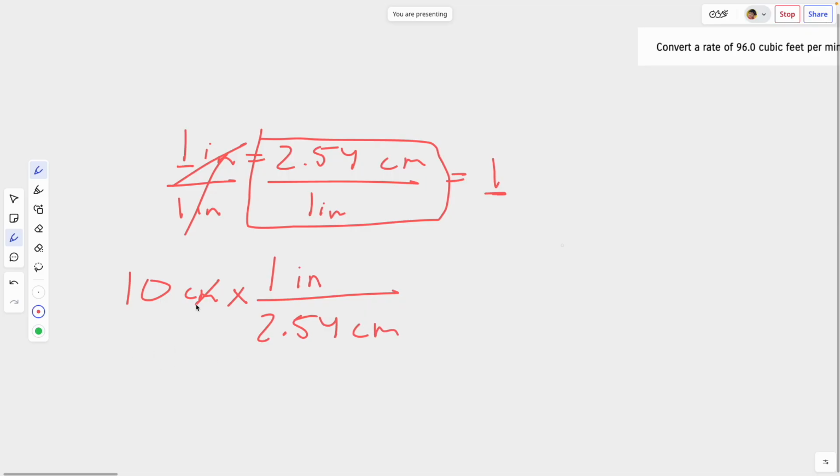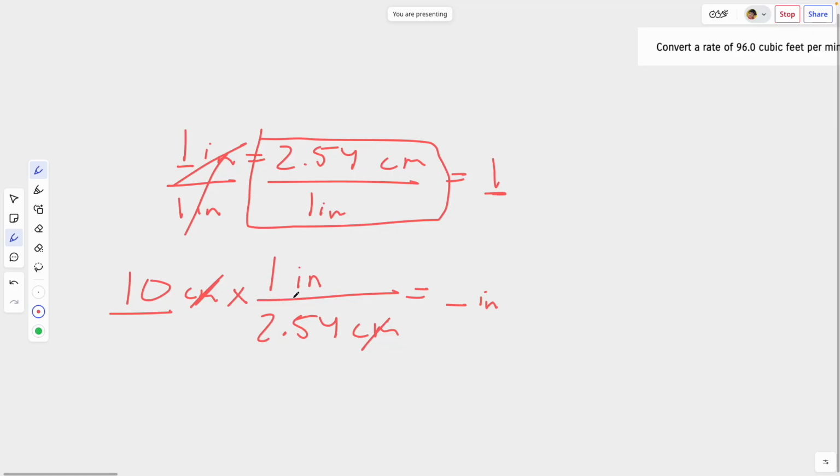And now notice the centimeters unit cancels out, right? And we're left with 10 times 1 inch over 2.54 centimeters. And then you get a number in inches. So that's how you convert. And this can go through multiple steps if you're dealing with more complicated conversions or conversion factors.